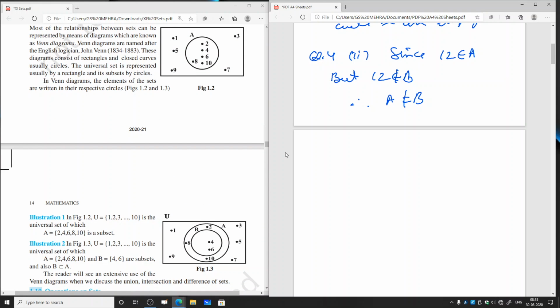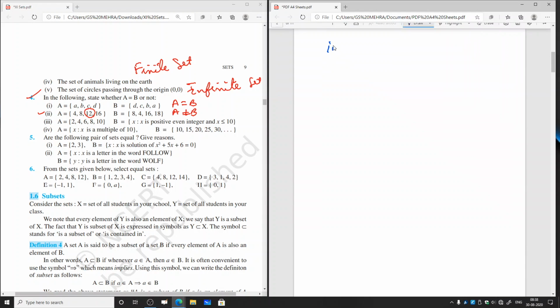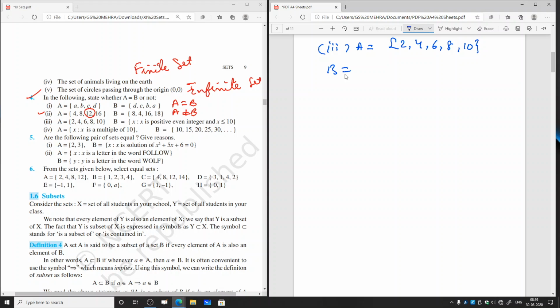So, we will be doing the third part now. Here we have A equal to {2, 4, 6, 8, 10} and B equal to the collection of all x such that x is a positive even integer and x is less than or equal to 10. So, it is an even integer and it has to be less than or equal to 10.